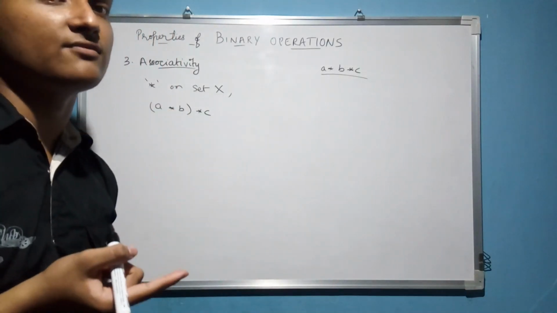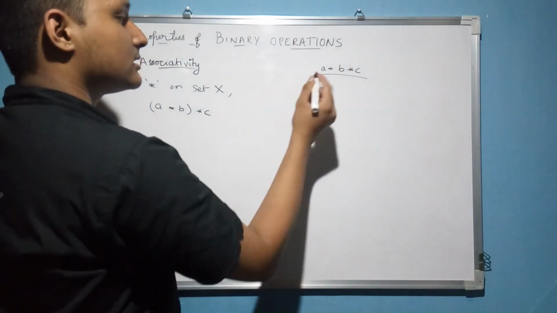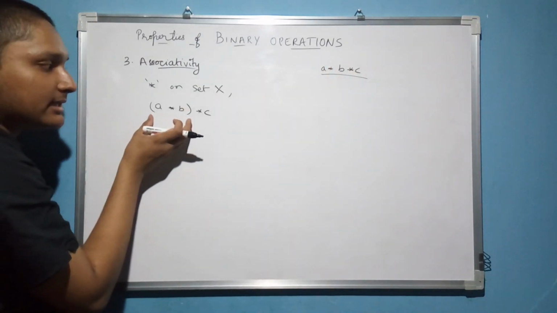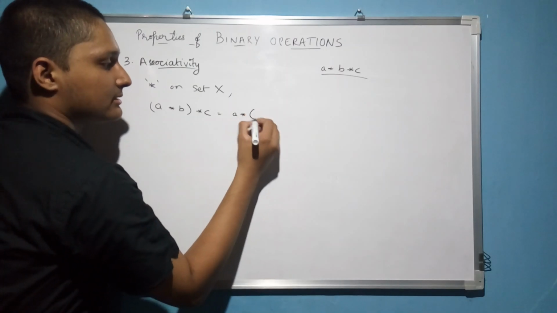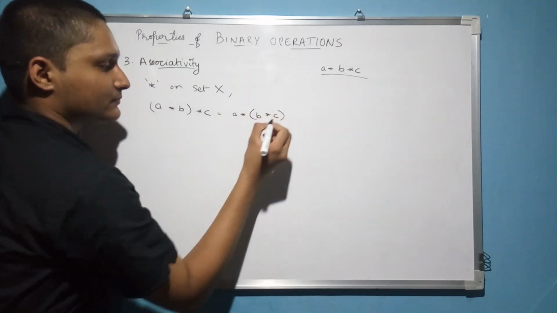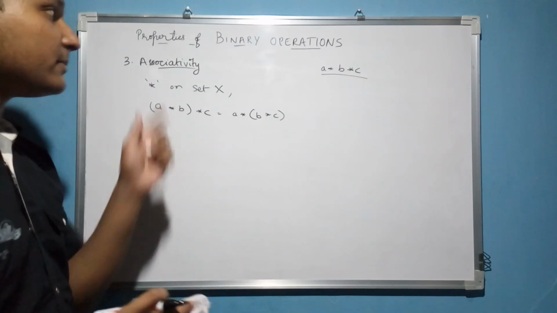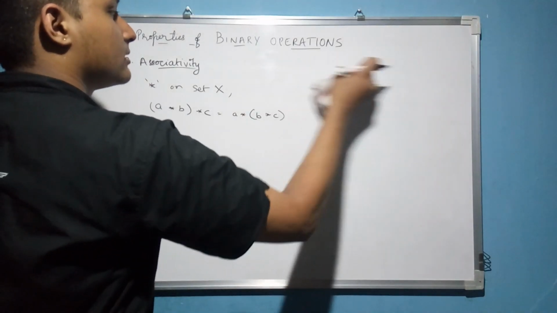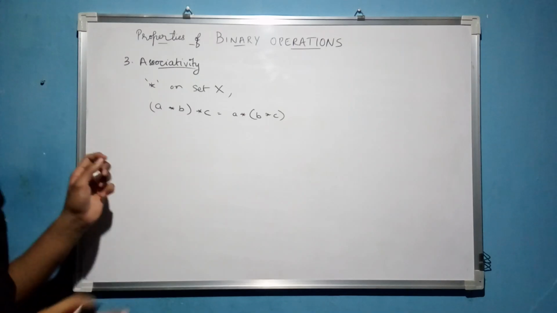Which 2 should I take first? You come under a confusion in this case. So when you write 3 like that, you need to write it as A star (B star C). Only 2 can be taken at a time for a binary operation, because it's binary.